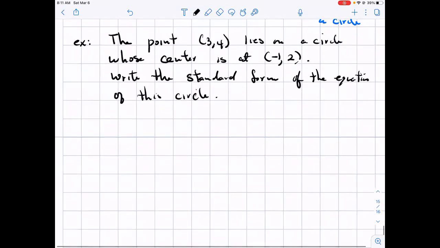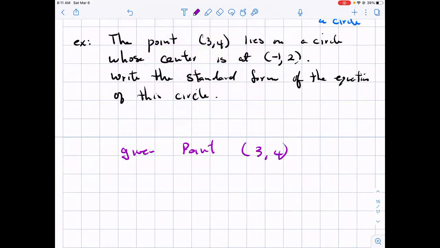So you're given a point. That point is 3, 4. That means this is x, that's y. And you're given the center, which is -1, 2.